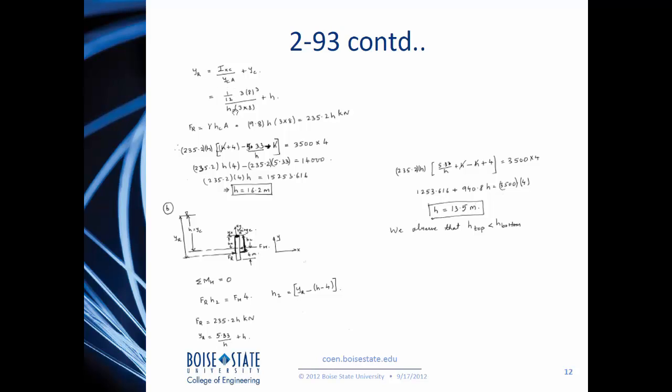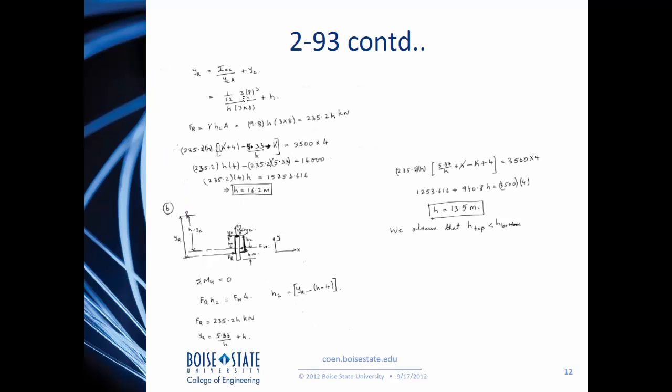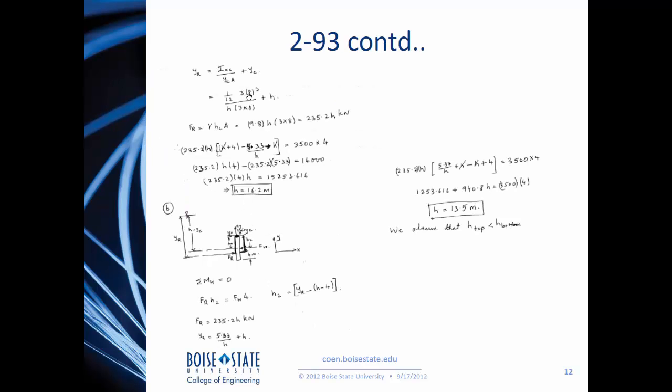Again, for a planar rectangular gate, IXC could be determined from the figure: 1 over 12 B times A cubed. So you have the gate here which is 3 meters wide and 8 meters high. So B is your 3 meters wide, A is your 8 meters high.